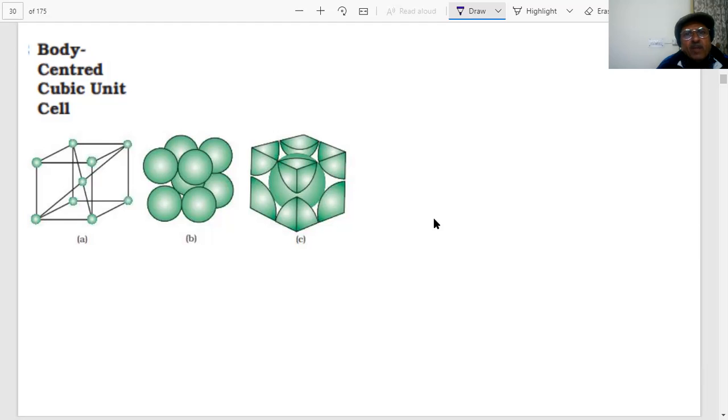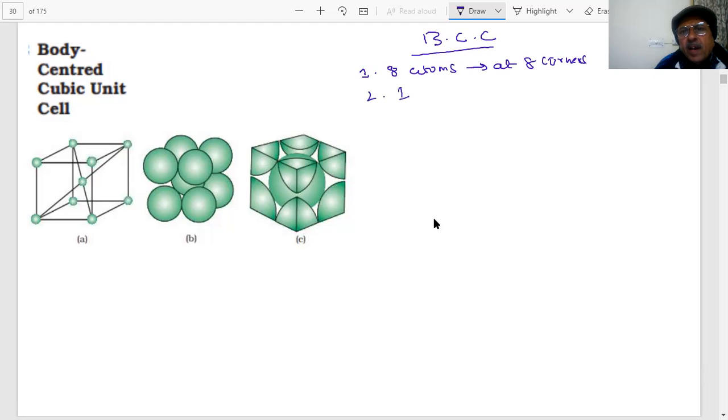We have told you, in BCC, you have 8 atoms at the 8 corners, students, and one atom at the center, at the body of the cube.